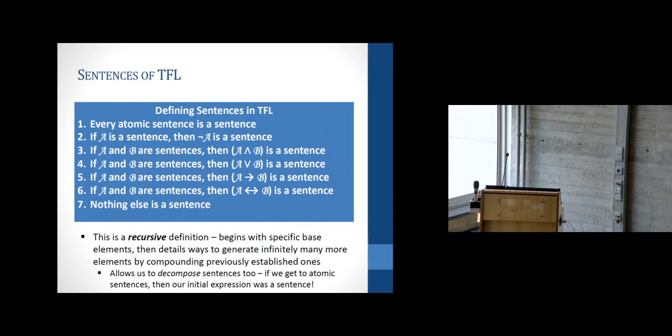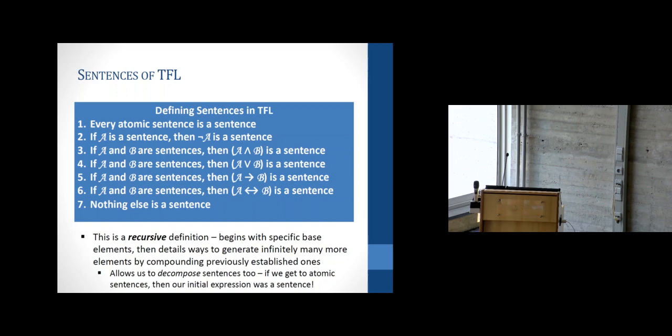So N is a sentence of TFL. And then I'm saying, if some arbitrary sentence A already counts as a sentence, I can create another sentence by adding a negation.